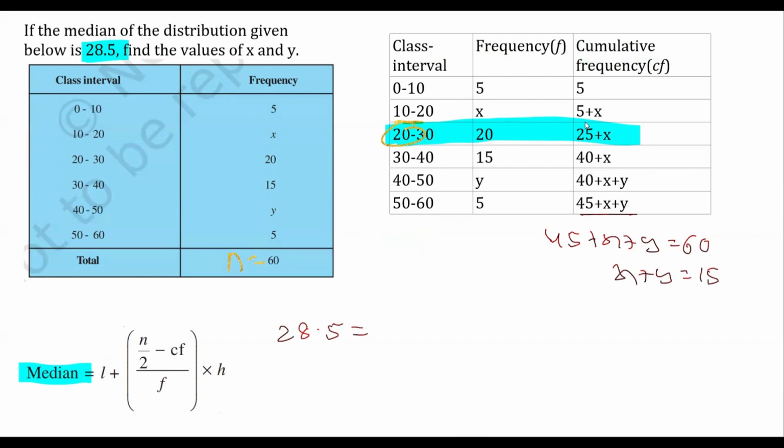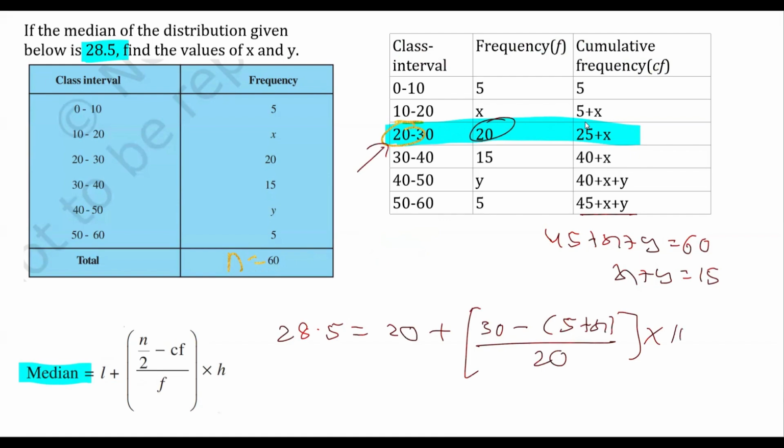So we'll say this is 20 plus n over 2. N is this, so n over 2 is 30, minus CF, which stands for the cumulative frequency of the preceding class. We need to be careful that it is minus, so we'll keep a bracket in order to avoid any mistake. That divided by F, the frequency of the same class, which is 20 here, multiplied by h. h is the class size. From here, you can see it is 10.